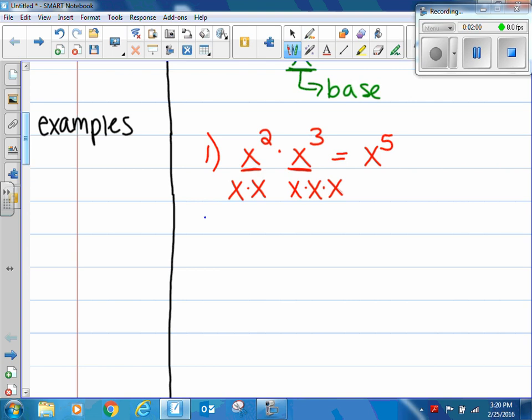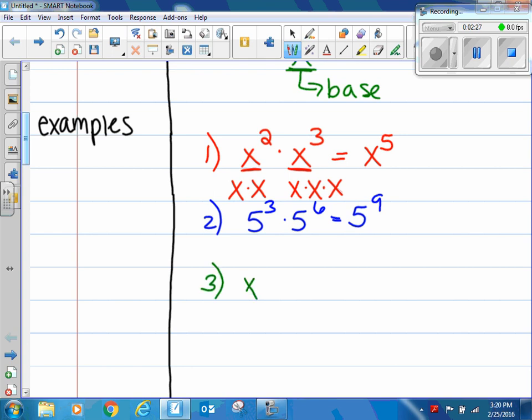Also, the same thing goes with numbers. You won't really see this very often, because most of the time if we have 5 cubed, we'll just say what 5 cubed is. But if you have 5 cubed and 5 to the 6th power, both of the bases are 5, so that would just equal 5, and then you add 6 plus 3, which is 9. Okay, so pretty straightforward. Let's look at a little bit more of a complicated example.